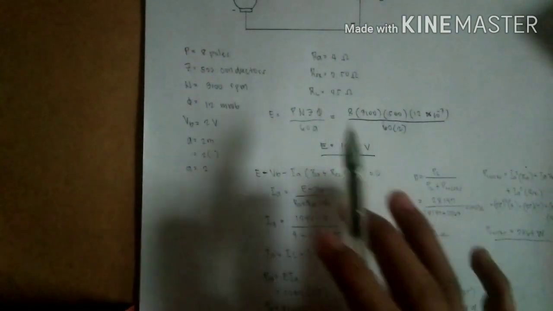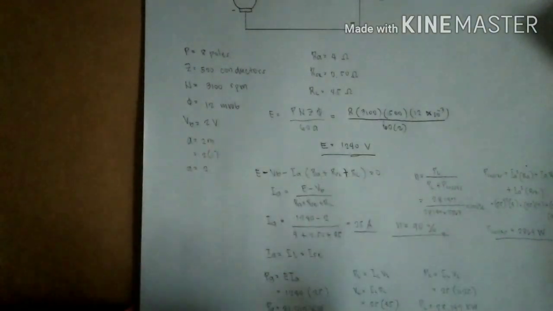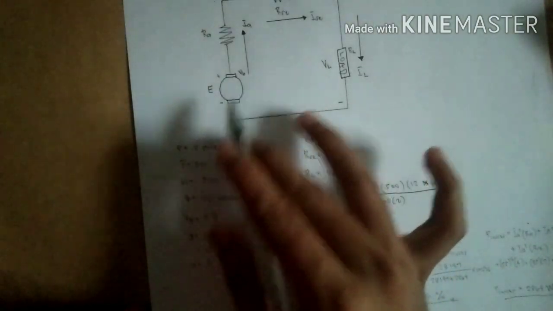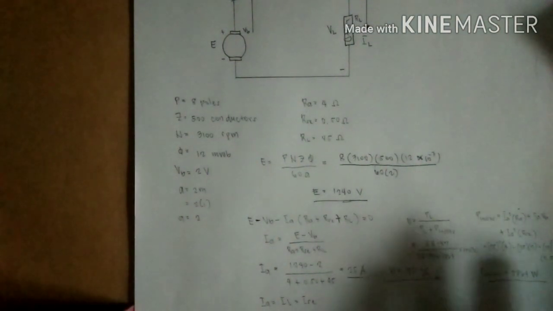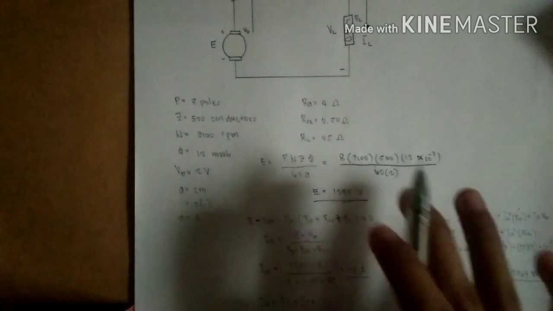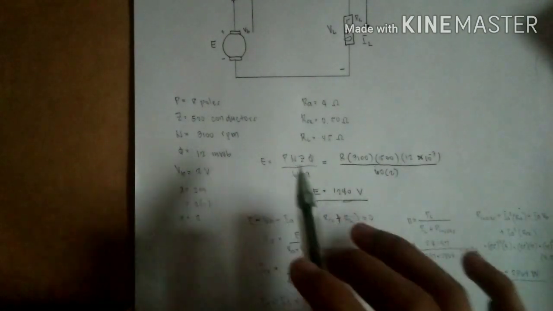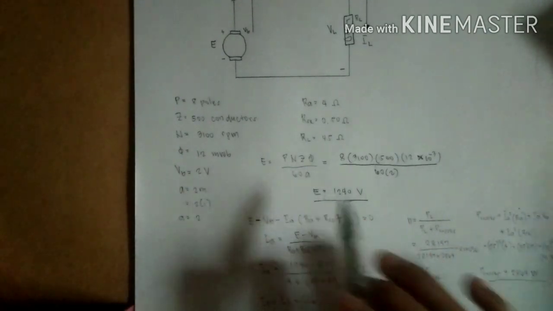So let's start. The first thing we must do is to find the generated EMF in the armature. We already know how to calculate the generated EMF. We simply use the EMF formula, which is P times N times Z times flux per pole over 60A.